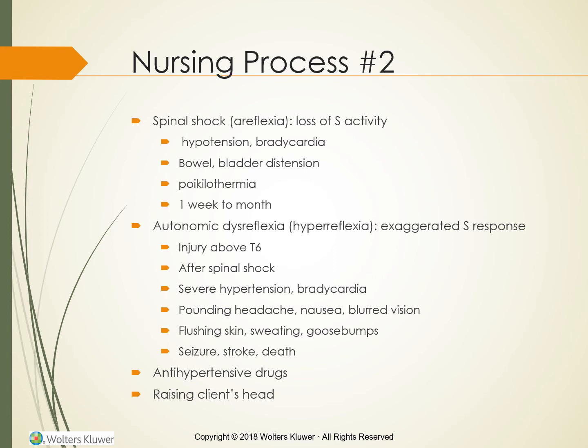Now, in autonomic dysreflexia, we have to remember that it can occur when spinal cord injuries are above the T6. This occurs after the period of spinal shock has resolved. Stimulation of sensory receptors, which are often due to distended bladder or bowels below the level of injury, causes vasoconstriction and hypertension.